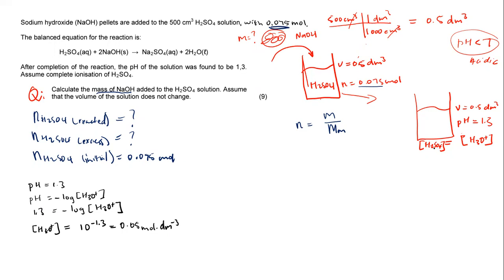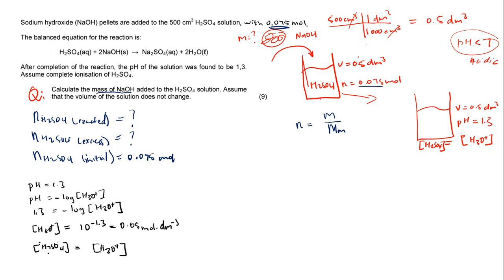So now we're going to determine the concentration of H2SO4. Remember, I said to you, because this is acidic, it's going to correspond with the concentration of H3O plus ions.